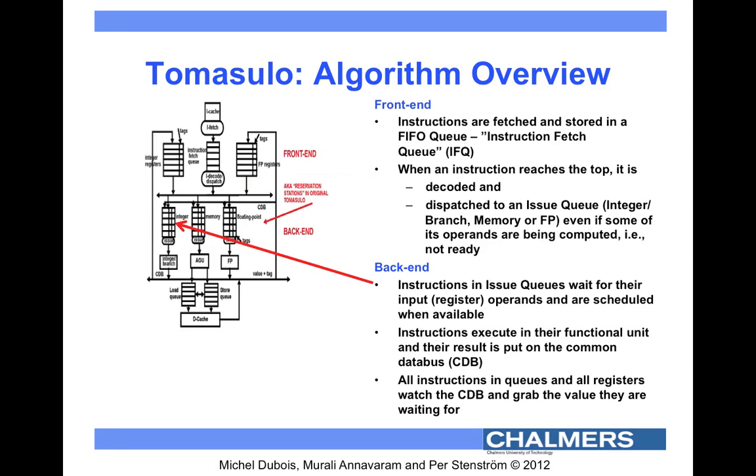Moving down to the back end, let's assume that we have an integer instruction. Now it will sit in the integer issue queue. Instructions in issue queues wait for their input register operands. So here it's time to read from the registers, you could say.